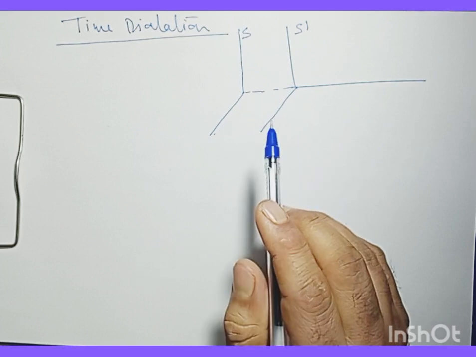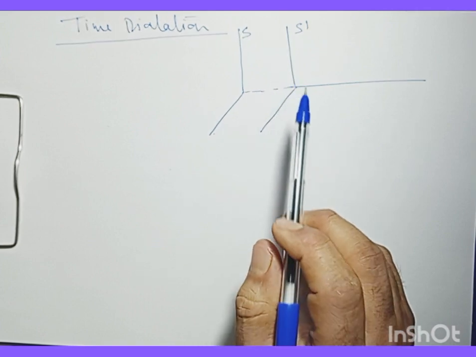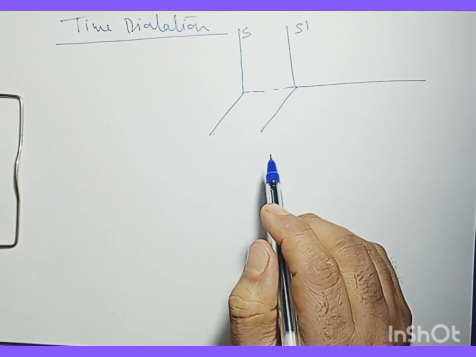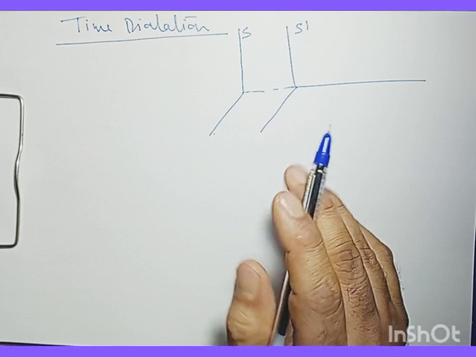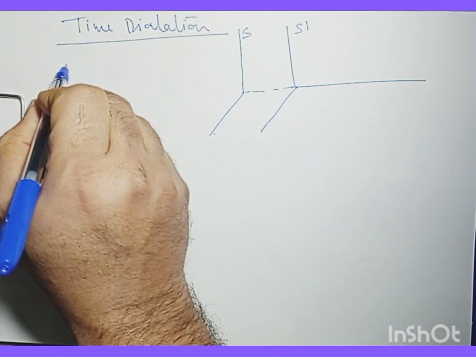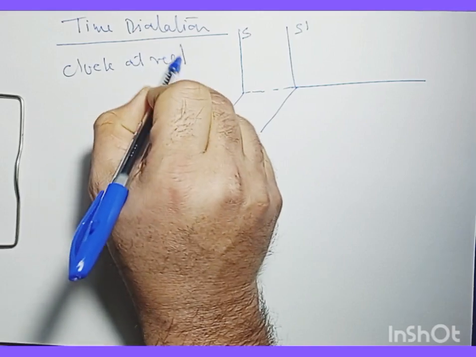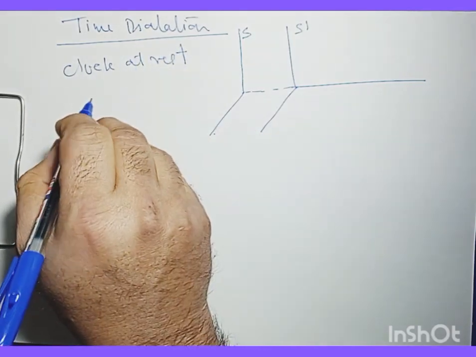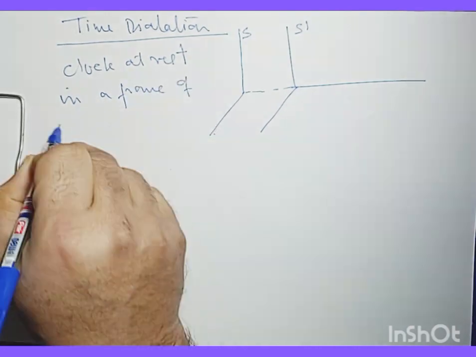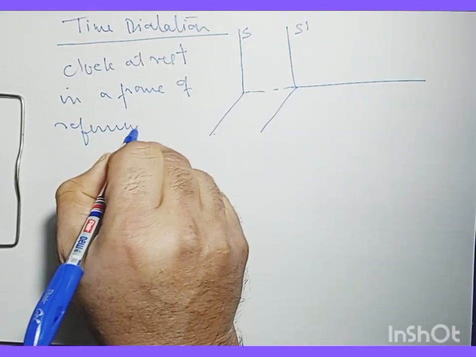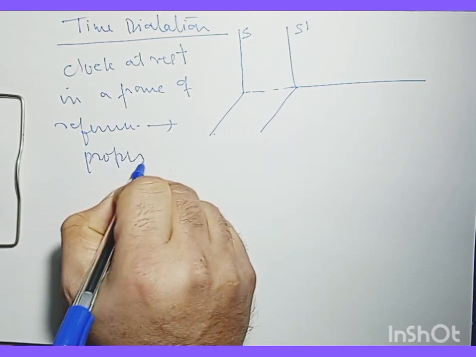The time interval between two events is measured with the help of a clock, and the clock at rest in a frame of reference is called proper time.